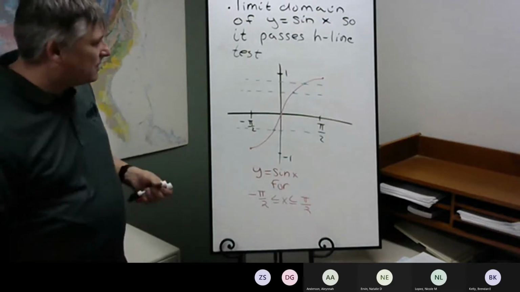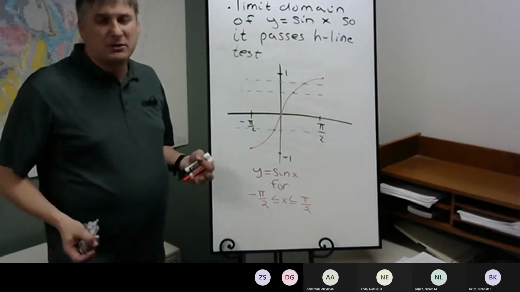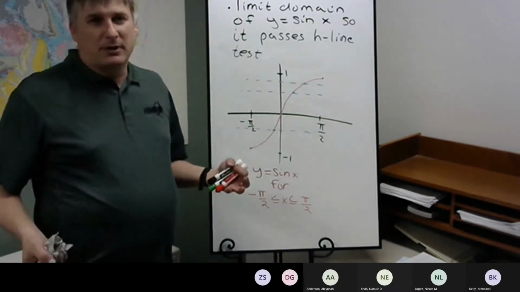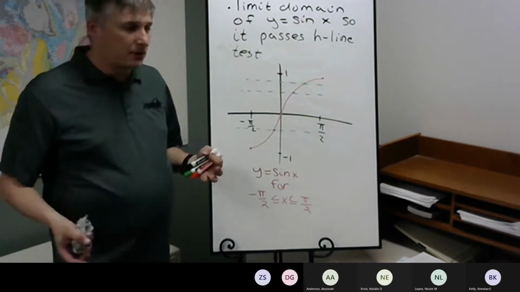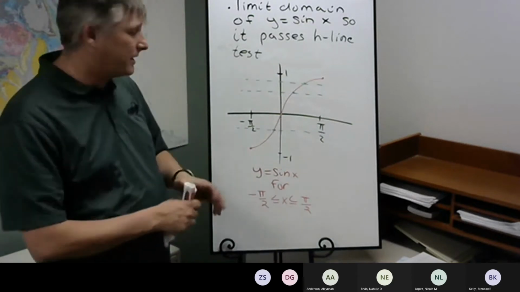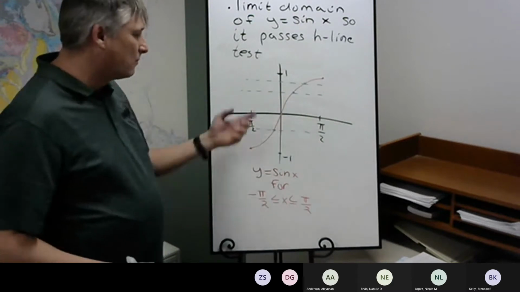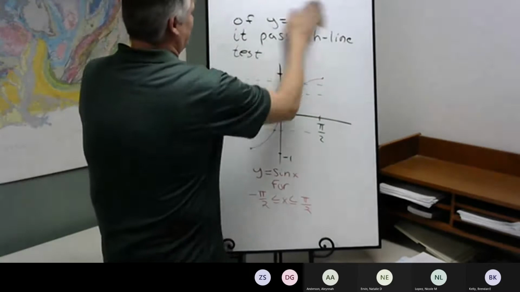This is the same thing that they do in the textbook with y equals x squared. They limit the domain, so it's just x greater than or equal to 0. So y equals x squared with x greater than or equal to 0 will pass the horizontal line test. It just gives you the right half of that parabola. We're doing the same thing here with sine.